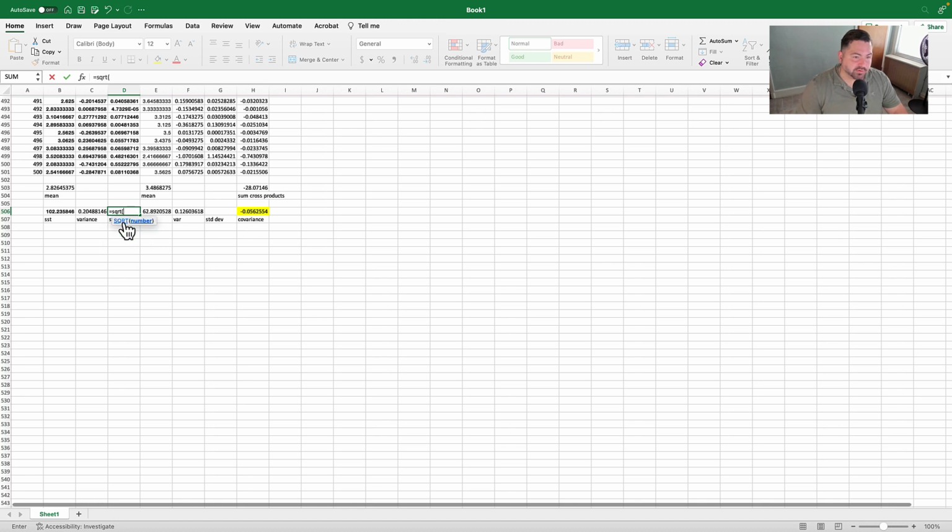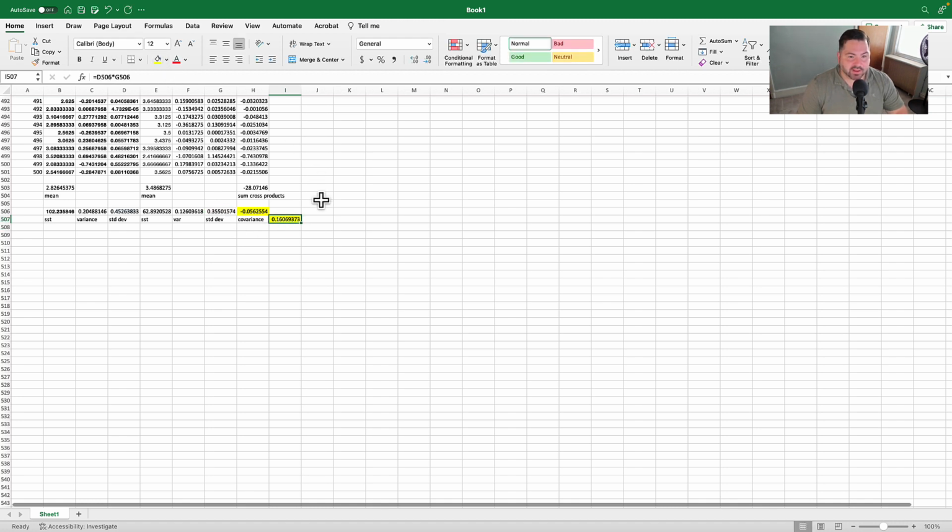So if I take the square root of the variance for X, close parentheses, I get 0.45. And if I take the square root of the variance for Y, 0.126, I get the standard deviation for Y, extroversion. The combined standard deviation, or the cross product standard deviation, if you will, for my Pearson product moment correlation coefficient is equal to the standard deviation for X times the standard deviation for Y, and that represents my denominator.